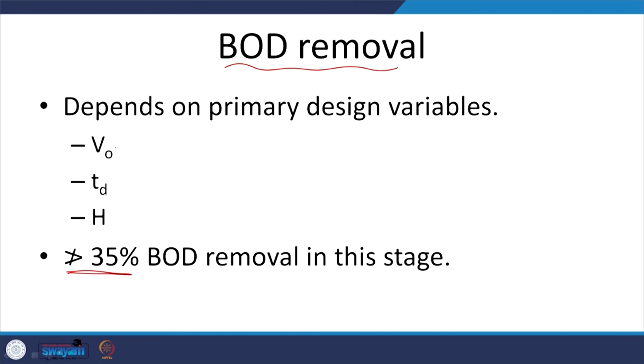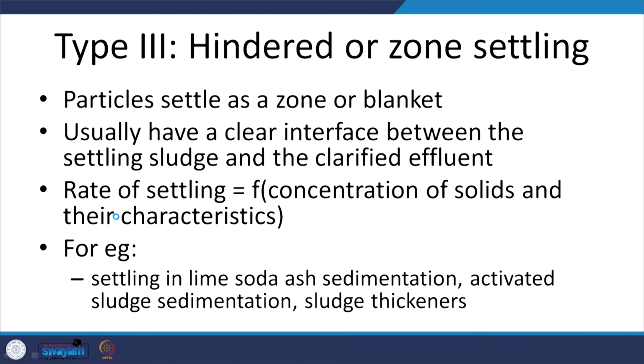And as mentioned earlier, we are primarily concerned with overflow rate and then the hydraulic retention time or detention time and the height of the relevant sedimentation basin, right? And then hindered zone settling, let's wrap it up. Particles settle as a zone or blanket, right? That's something that we already looked at. One aspect here is that now the settling velocities are going to be relatively less.